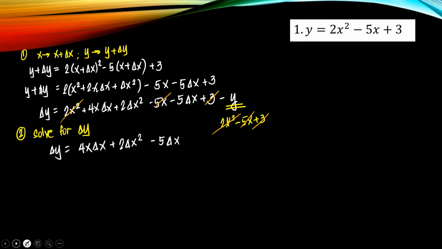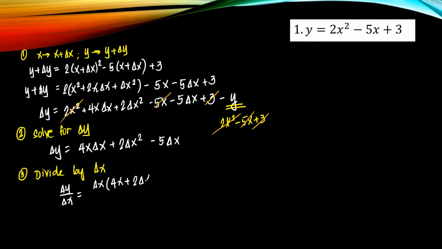Okay, let's go to the third step. What was the third step, guys? Divide by delta x, both sides. So that means the left side becomes delta y over delta x. The right side becomes, I can isolate delta x, guys, so that it's not too much to look at, all over delta x.